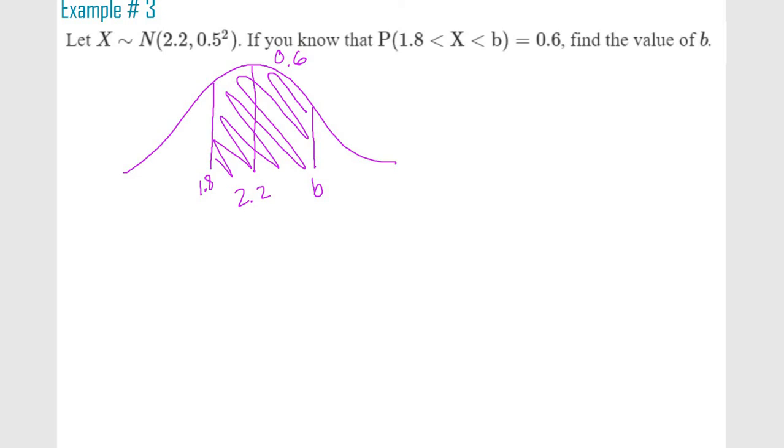Well, lucky us, we have everything we need to find this value. Let me change my color. To find this, the probability that x is less than 1.8, we can use our formula. So use that normal CDF. We get, to 3 significant figures, 0.212.